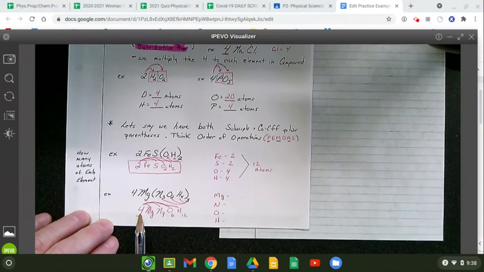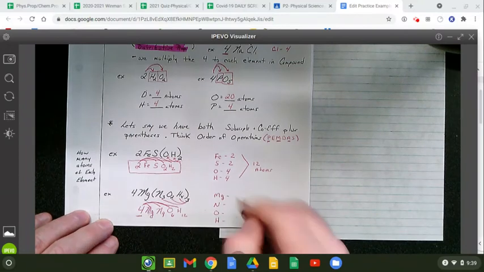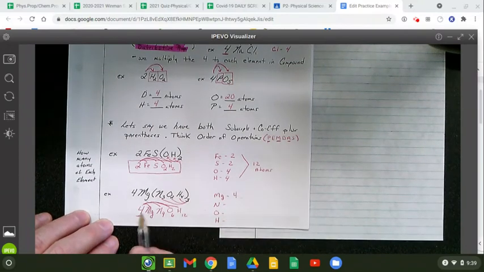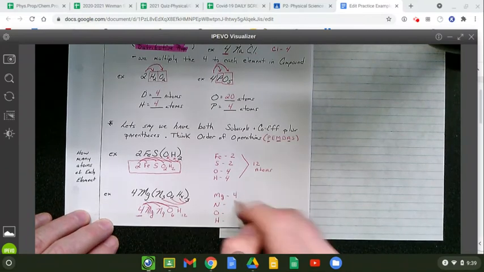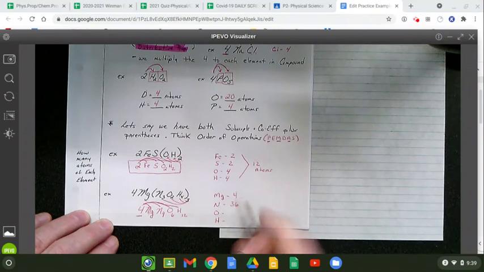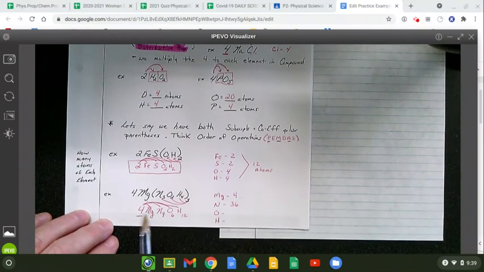Now I'm going to distribute this coefficient all the way through to get my atom count. So I have 4 times the 1 Mg gives me 4. Now I have 9 nitrogen. 4 times 9, 36. So I have 36 atoms of nitrogen.